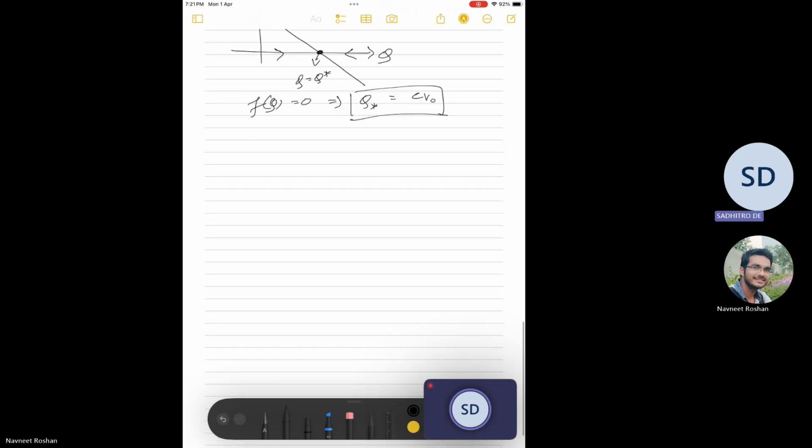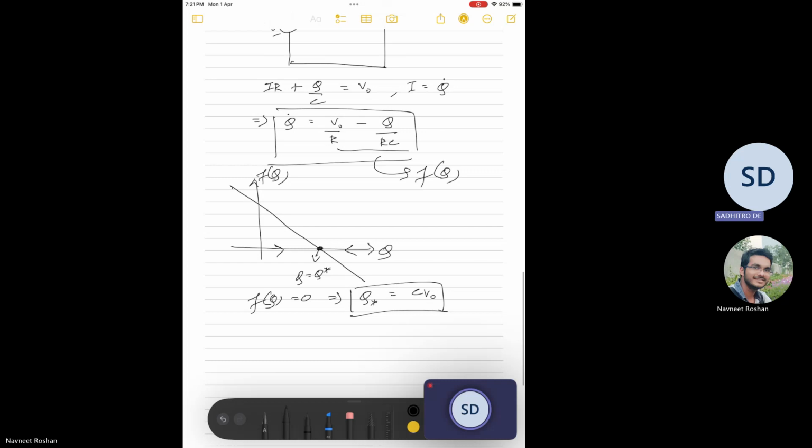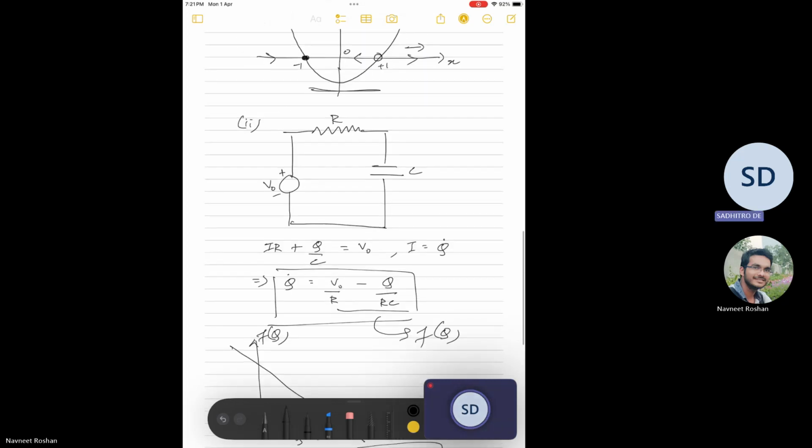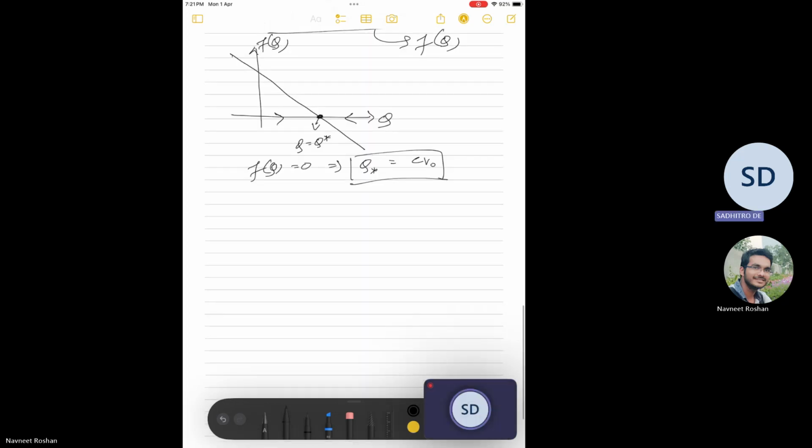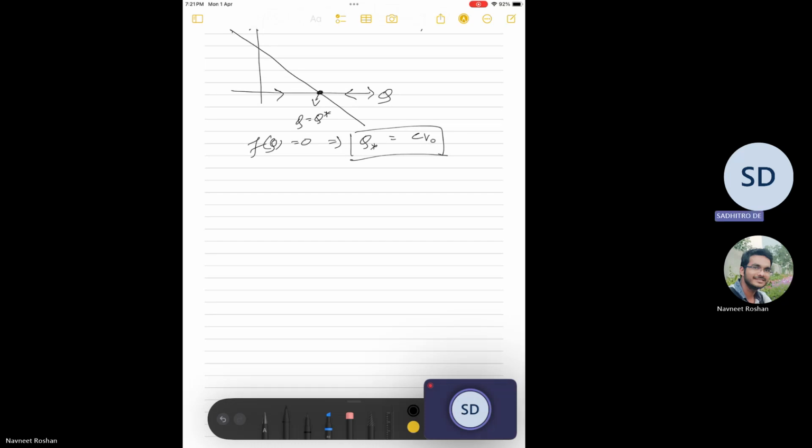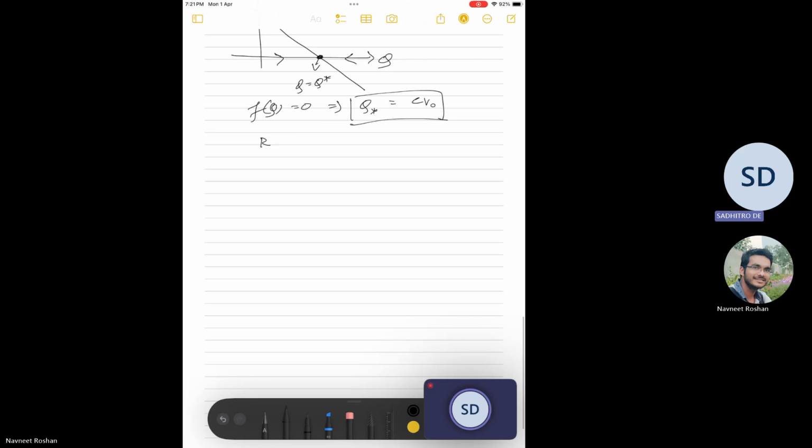Now the interesting thing happens. What if we have a nonlinear resistance? For a linear resistance, R is proportional to V for a constant I, right?